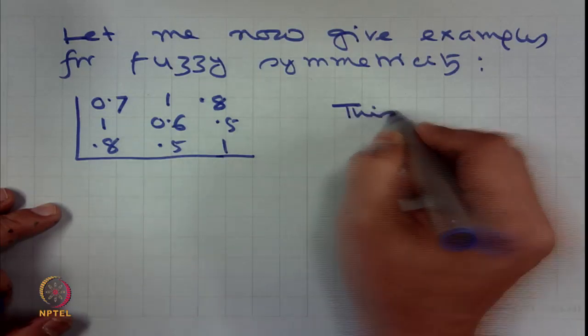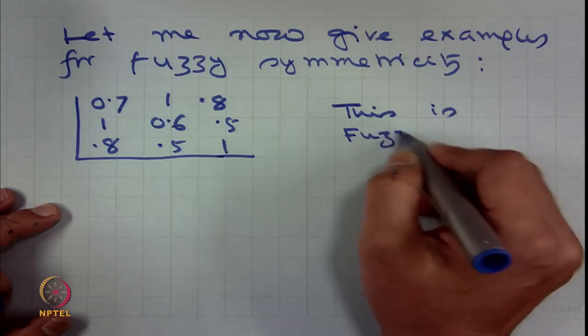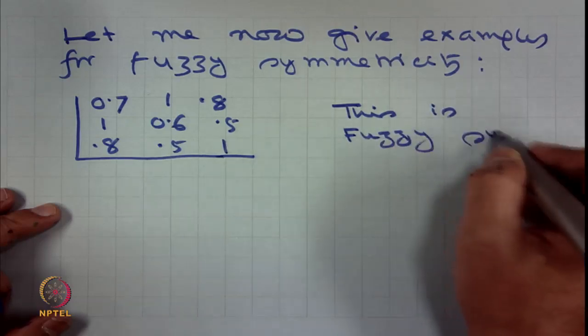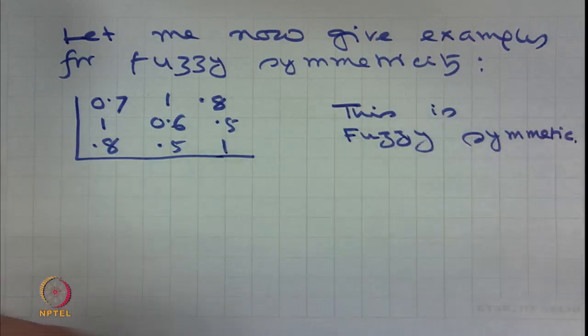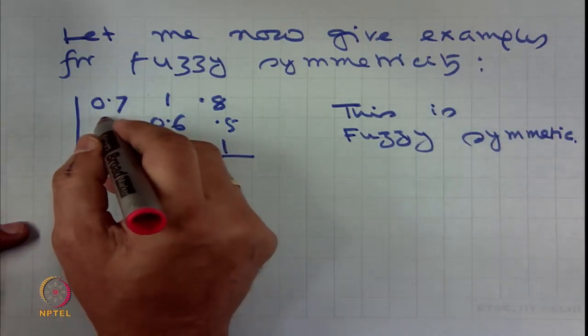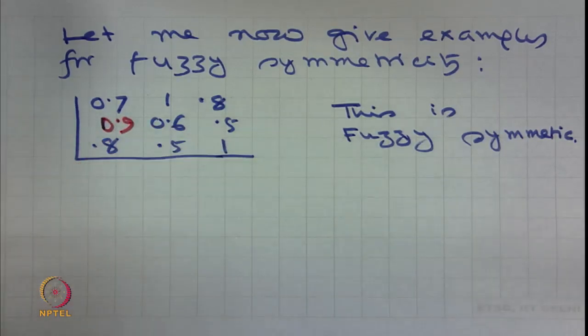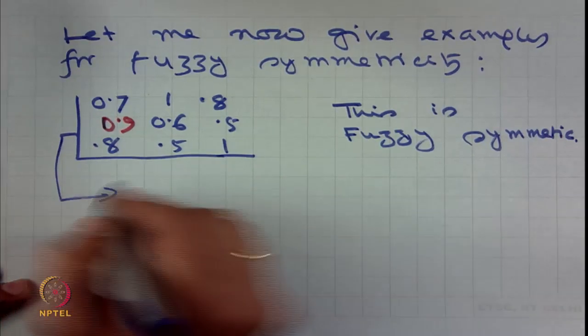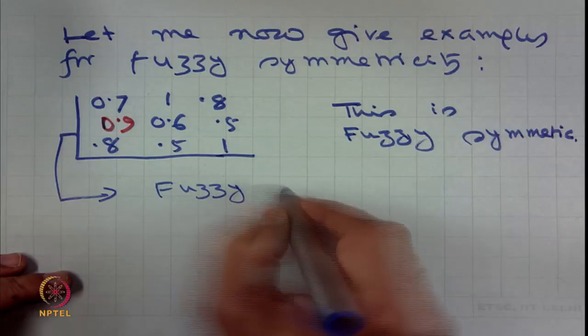This is fuzzy symmetric. If we change this to 0.9, then it becomes fuzzy asymmetric.